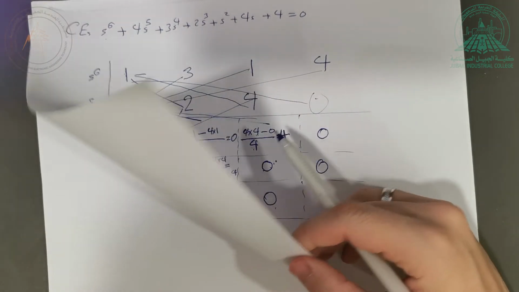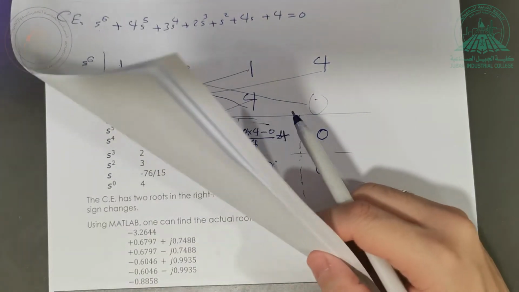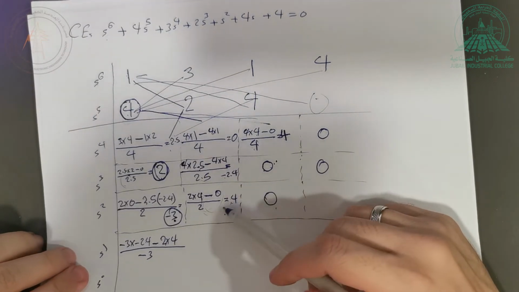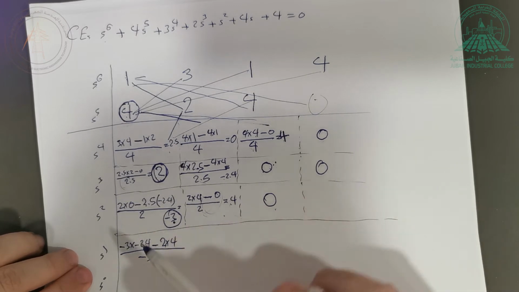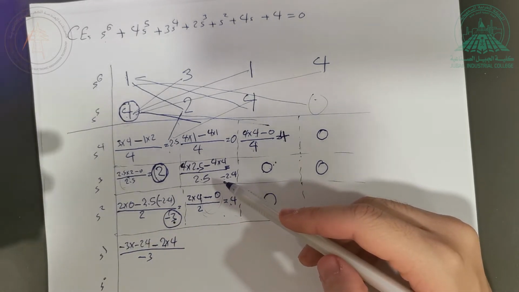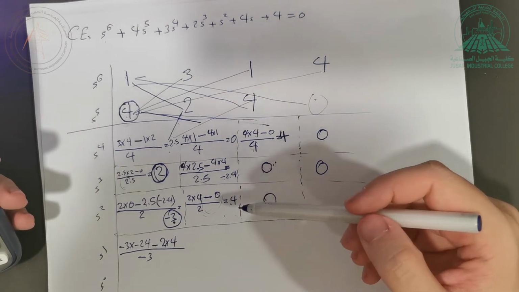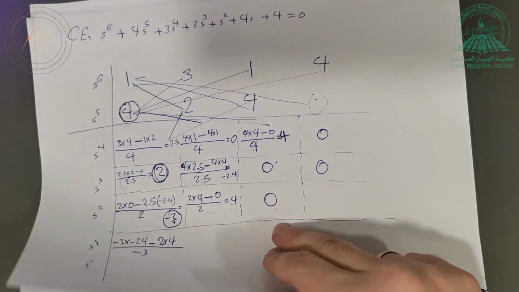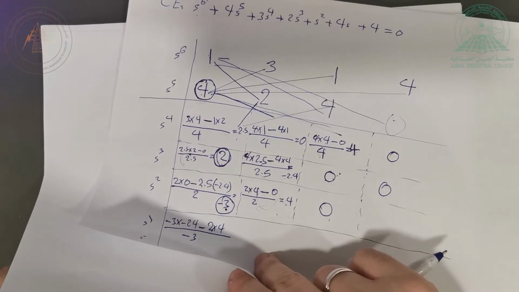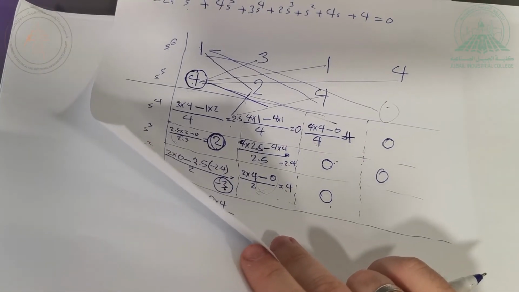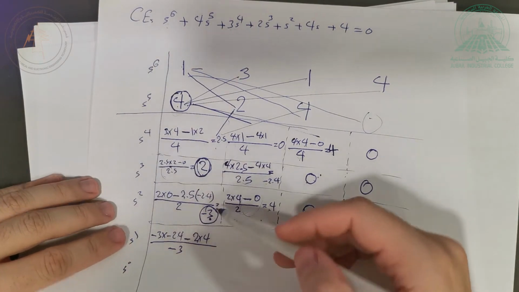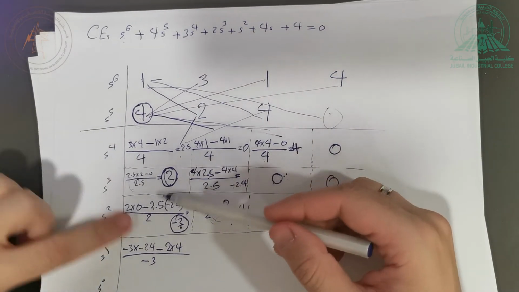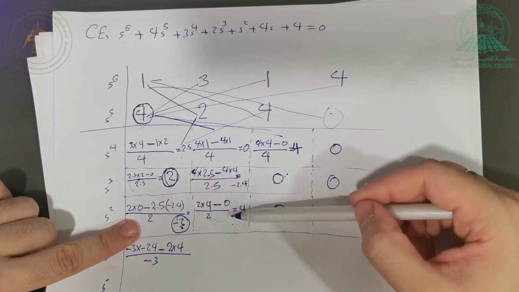Let me just make sure if this is correct or not. Minus 3 multiplied by minus 2.4, minus 4 multiplied by 2, divided by minus 3, gives 4 over 15. Let me just double check. So this is minus 3. Oh, this should be plus 3, not minus 3. So let's double check on this one.